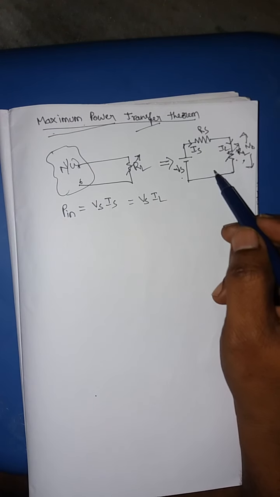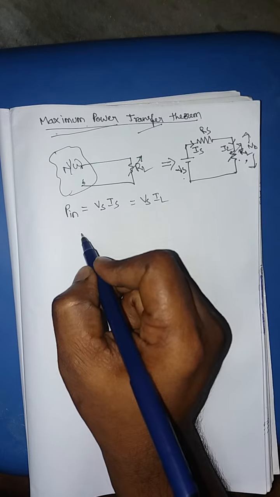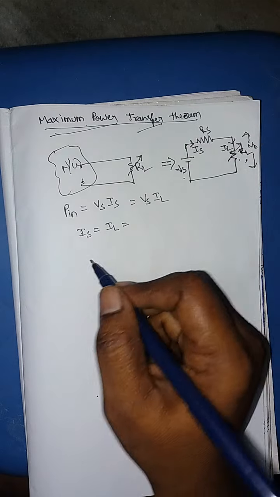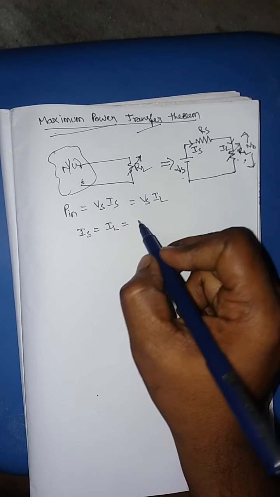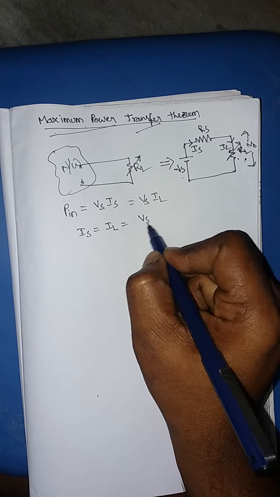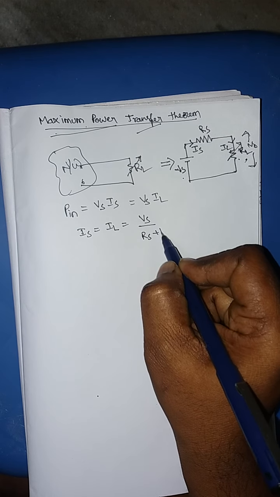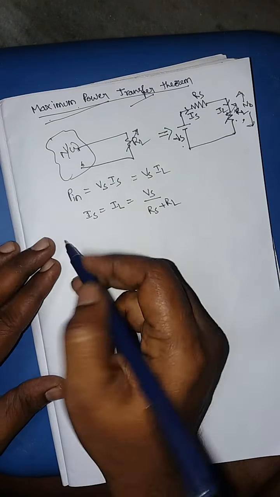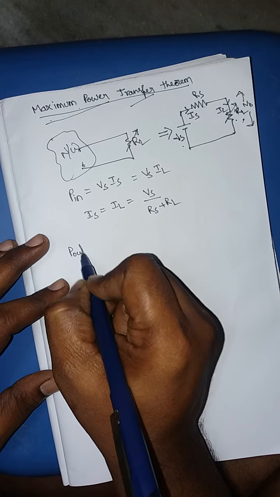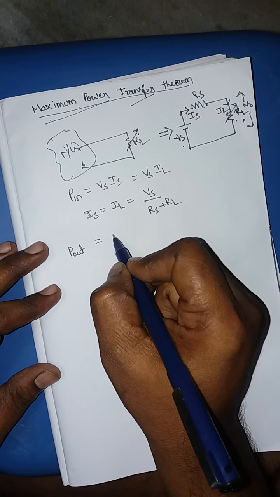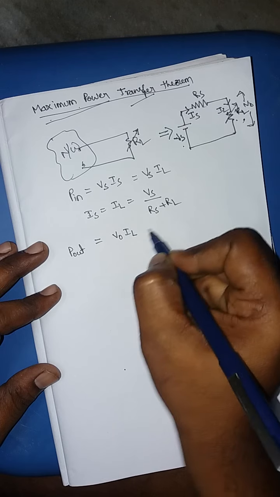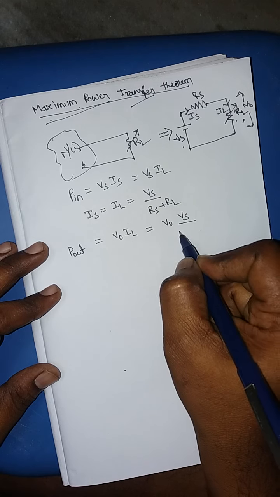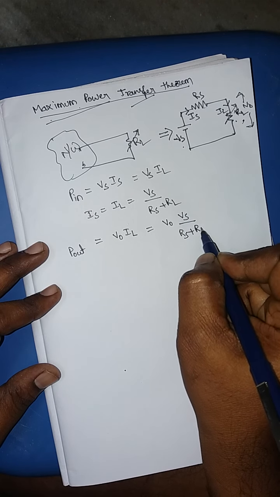As this is a single loop network, what is the value of Is? Is is equal to IL, which is equal to Vs by Rs plus RL. Next, what is the output power? P out is equal to V0 into IL, or V0 into Vs by Rs plus RL.